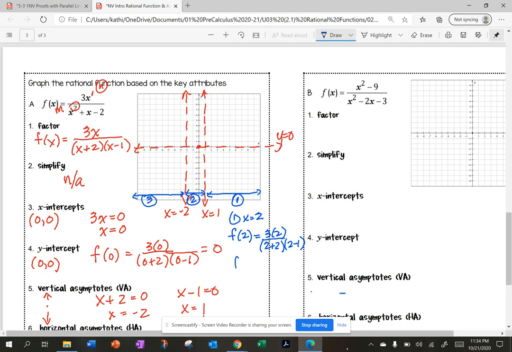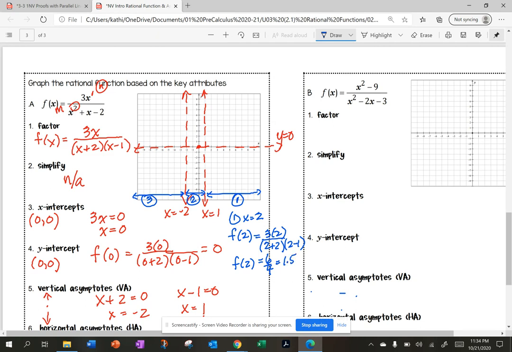So the numerator is 6, and the denominator is 4 times 1, so that's 6 over 4, which is 1.5.